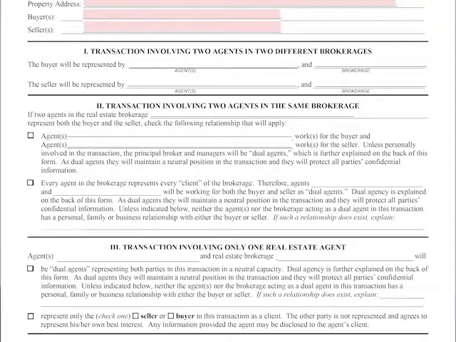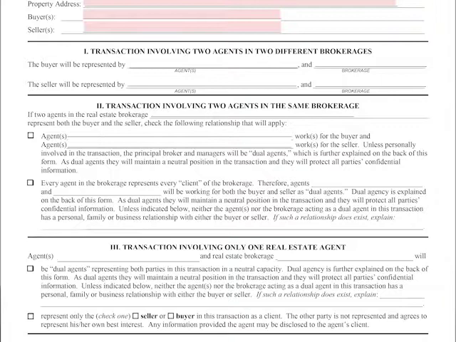That's the box you're going to check. And it is going to state that Michael Teese works for the buyer and Brian Salem works for the seller, for instance. But whoever the agent is out of his office, that's who is going to be working for the seller. You're going to be working for the buyer. And that is the only section that you would fill out in section number two.